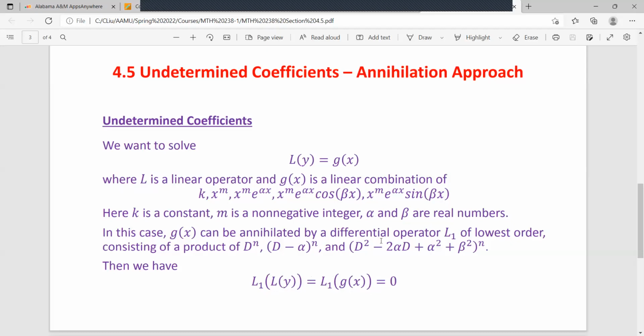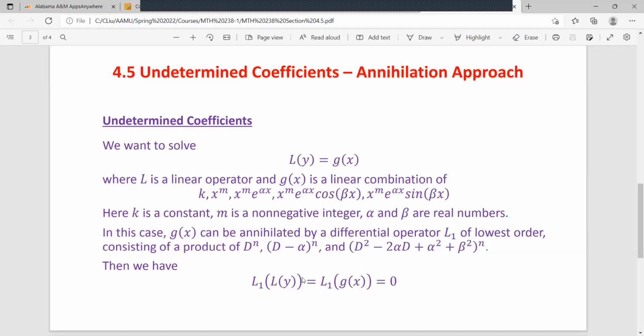Obviously you want to apply the differential operator L1 of lowest order, and you don't want to use too many derivatives. As long as we can annihilate the right-hand side, that's good enough.